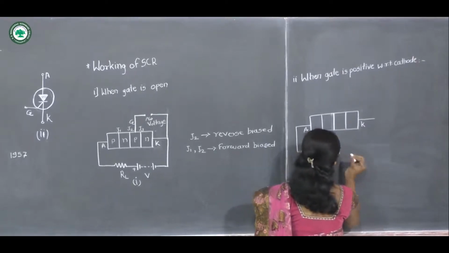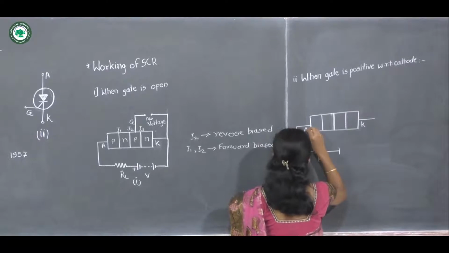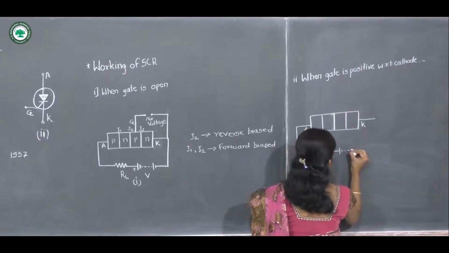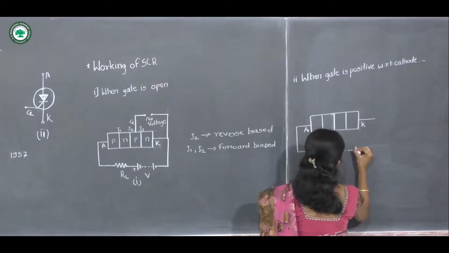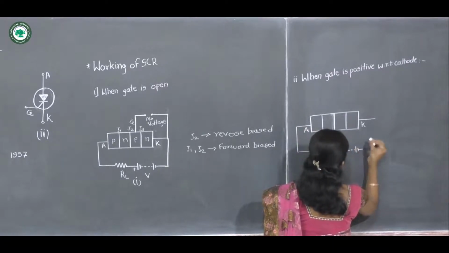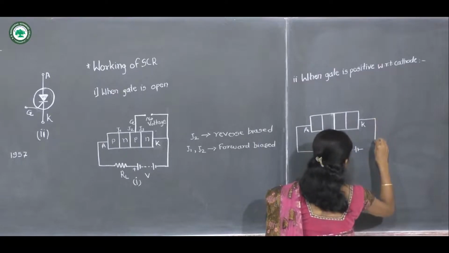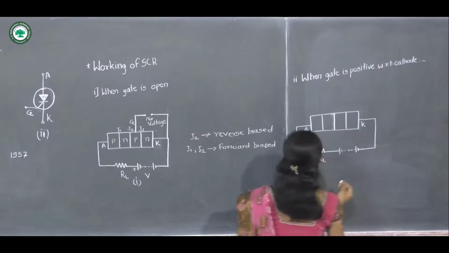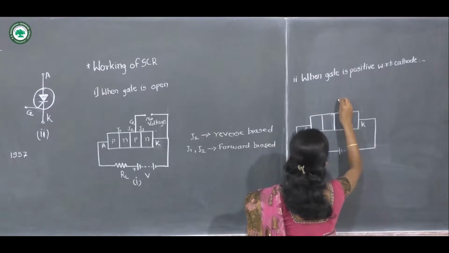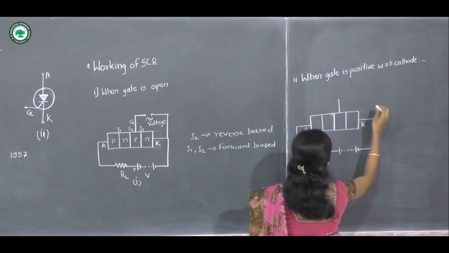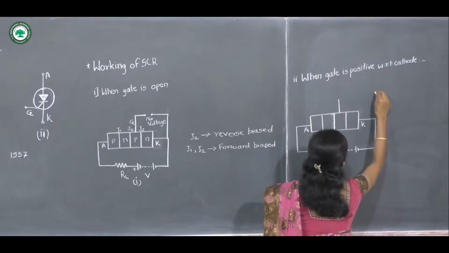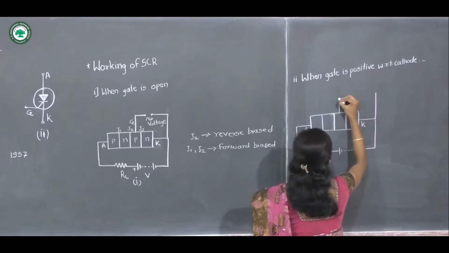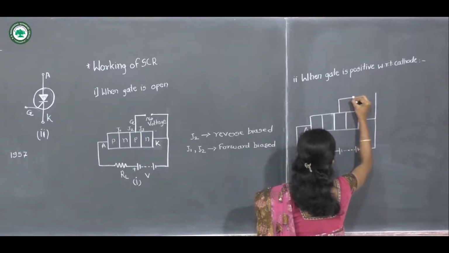Again, the positive terminal of the battery is connected to the anode terminal and the negative terminal of the battery is connected to the cathode terminal. And some potential is applied across the gate and cathode.